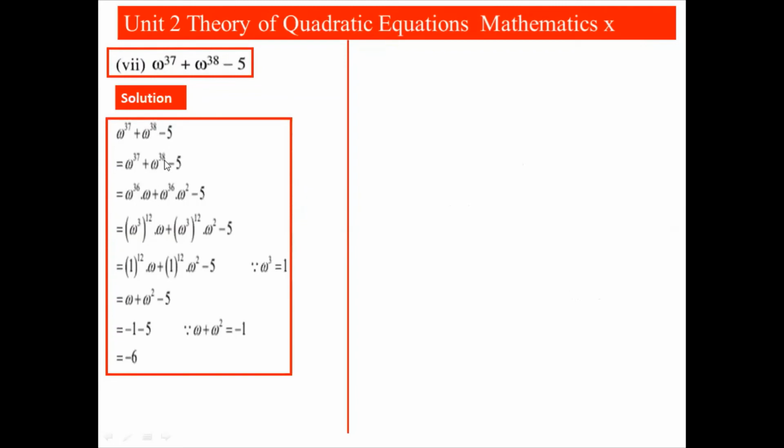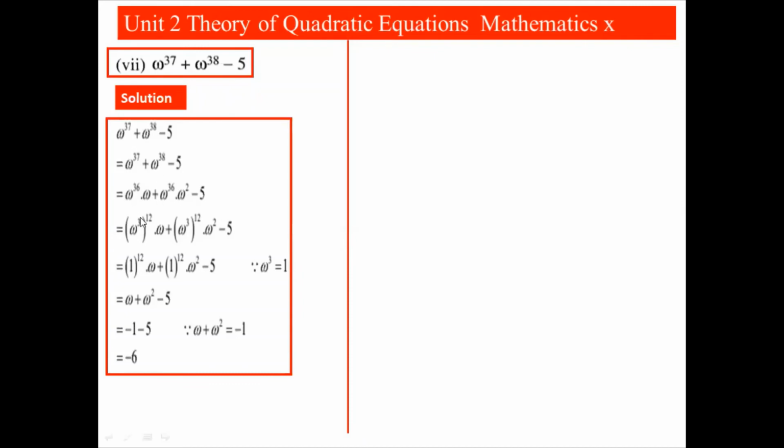Why are we writing it in this form of 36, and separating this omega and this omega square? So that we can write it in the exponent of omega cube. 37 cannot be written as a term of omega cube, and neither can 38, so we have to separate here omega and here omega square.